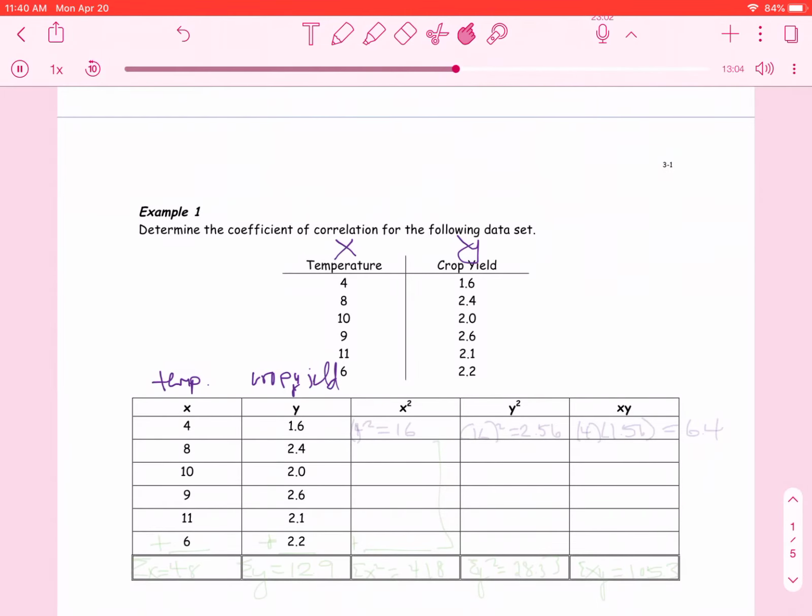I'll walk you through the first one. We have x as 4, so 4 squared is equal to 16, because that would be the x squared value. We would do 1.6 squared, and that would be equal to 2.56.